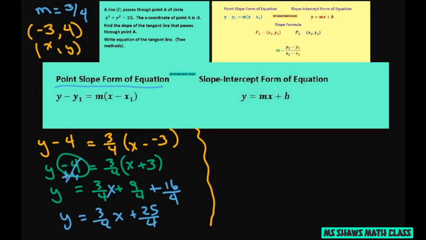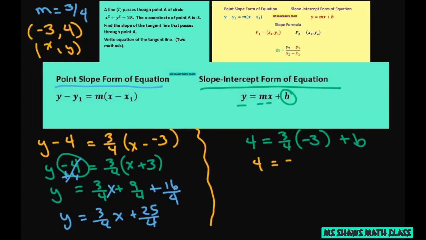And that means you have a point and a slope. For this one, we can use the slope intercept form, but we have to find our b. So the way you do that is you plug in these variables. Y is 4. Your slope is 3/4. I substitute your -3 for your x plus b. All right, so this gives you 4 equals -9/4 plus b.